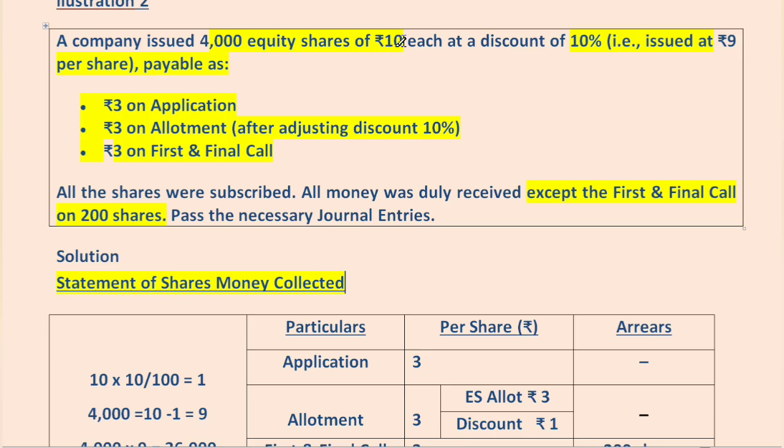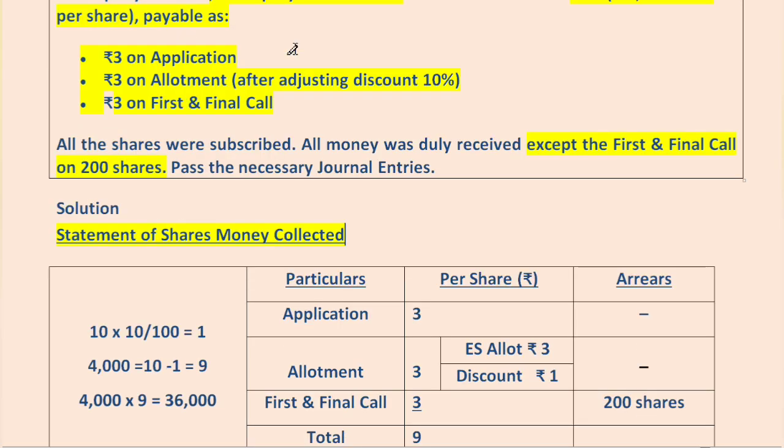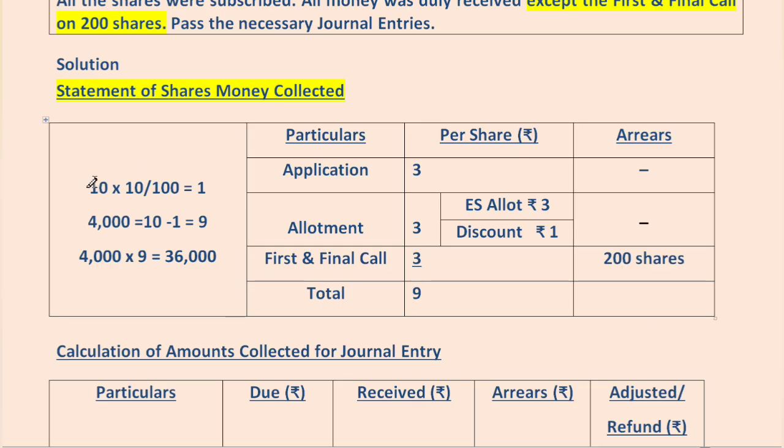Per share is 10 rupee, no? 10% discount they have given. So 10% on 10 rupee means 10 divided by 100, means 1 rupee. So 10 rupee minus 1 rupee is equal to 9 rupees. Per share value is 9 rupees after deducting the discount.